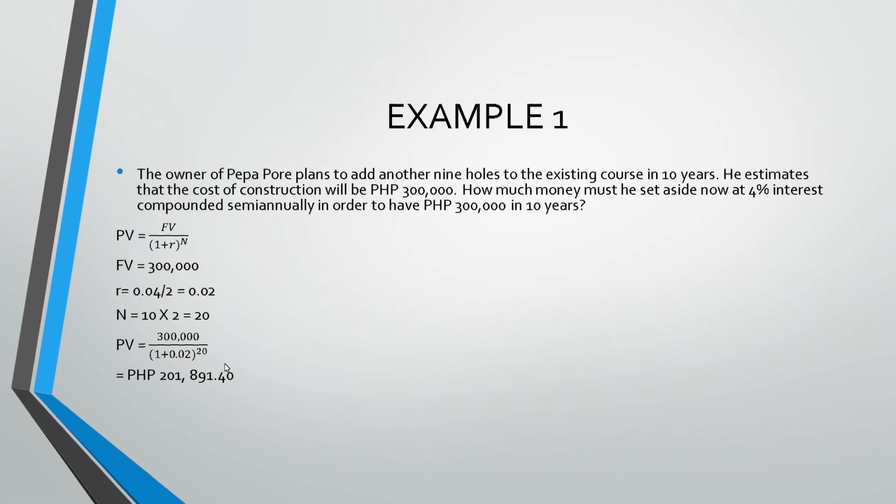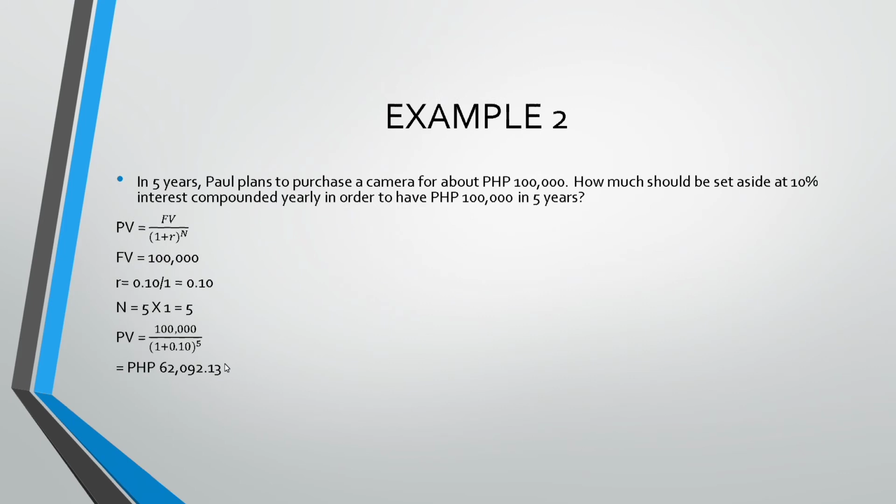So let's move to our next example. In 5 years, Paul plans to purchase a camera for about 100,000. Oh, that's very costly, right?